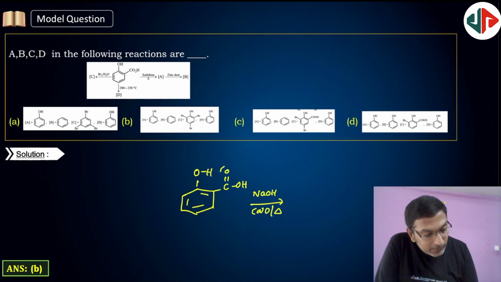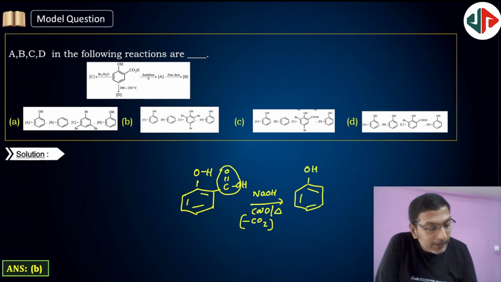So here CO2 will be eliminated. Minus CO2, a decarboxylation reaction. It gives phenol, that is OH, phenol. That is compound A.